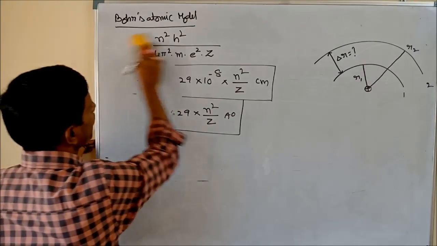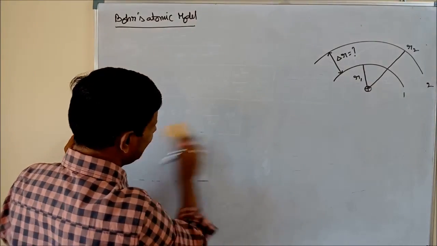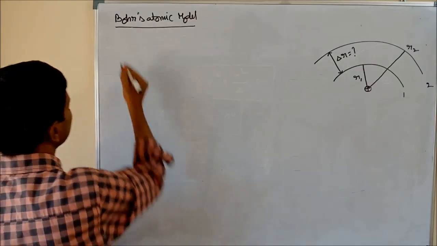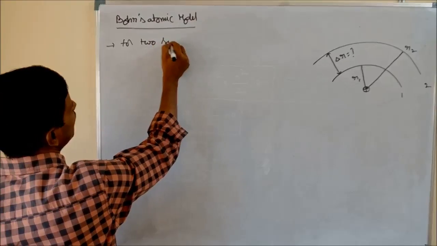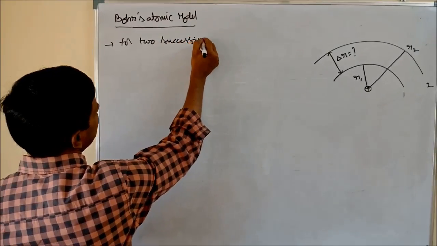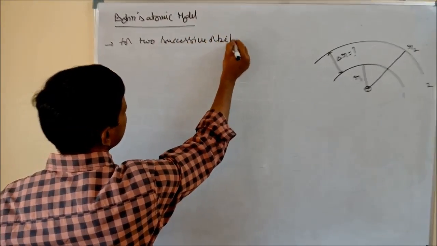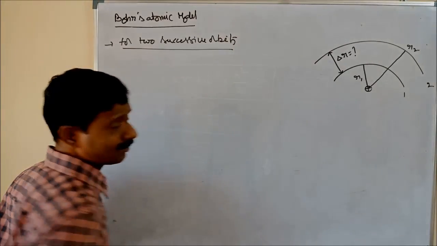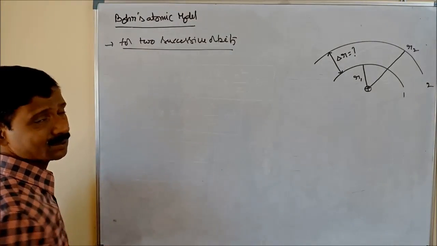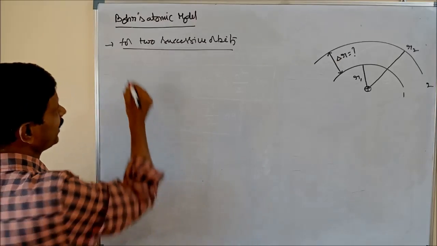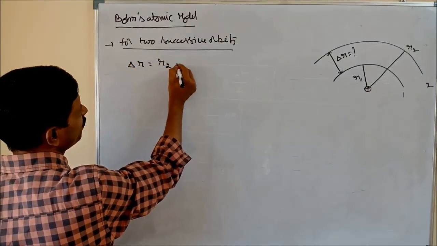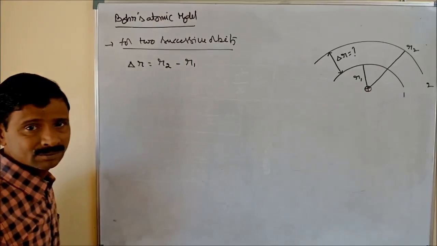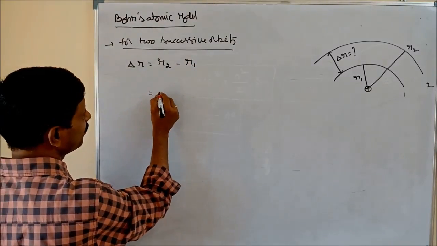But here, if you observe, we are considering any two successive orbits. So as per the diagram, delta R is nothing but R2 minus R1. Now what is R2?